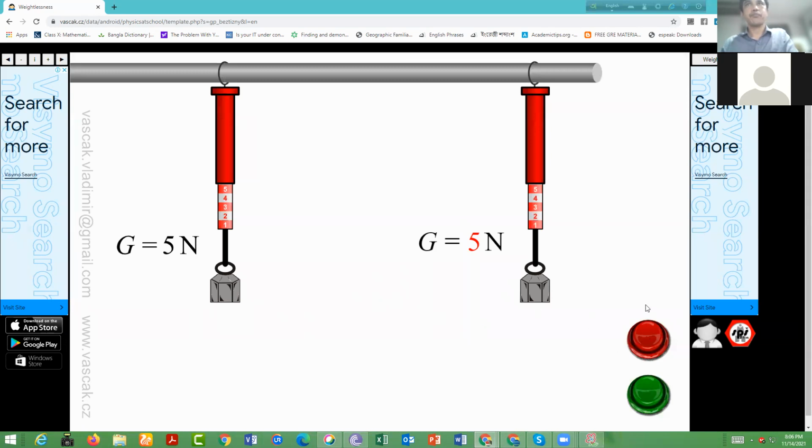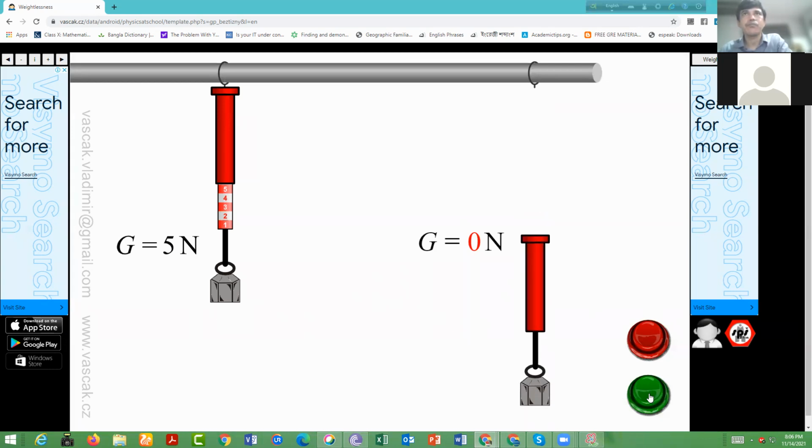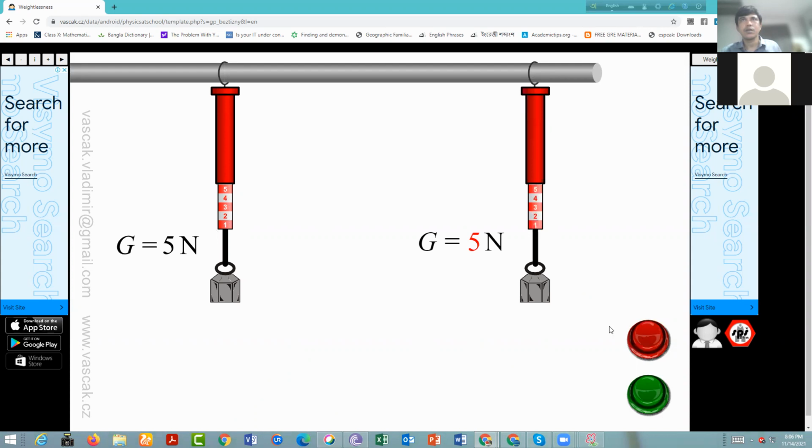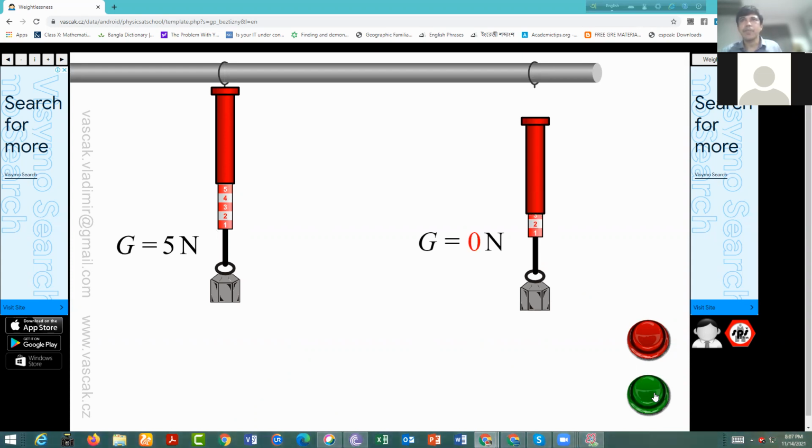See, it's going down because the weight is higher. So when the force is 5 Newton, G is what? G is the constant, gravity. Oh, gravity. Yes.